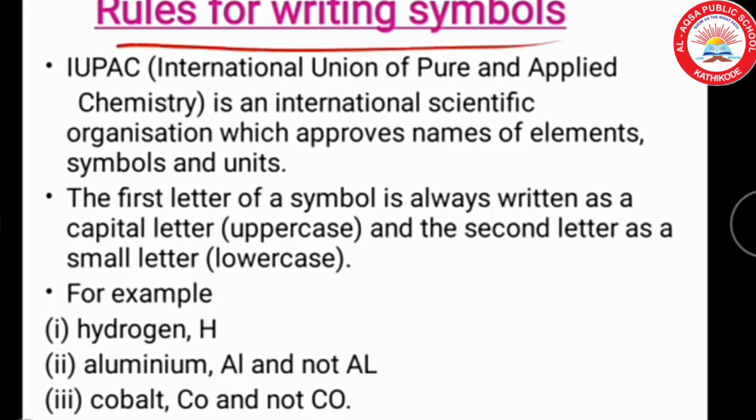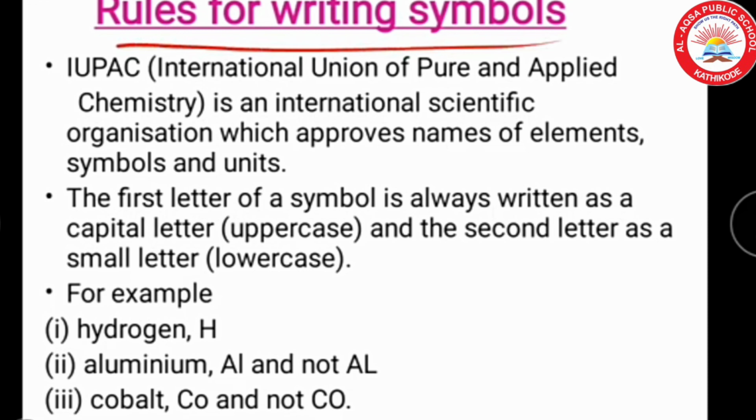And aluminium, we know that its symbol is Al. So A, the first letter, we have to write in capital letter and the second letter we have to write in small letter. And cobalt, its symbol is Co. The first letter we have to write in capital, that is C in capital and o in small letter.